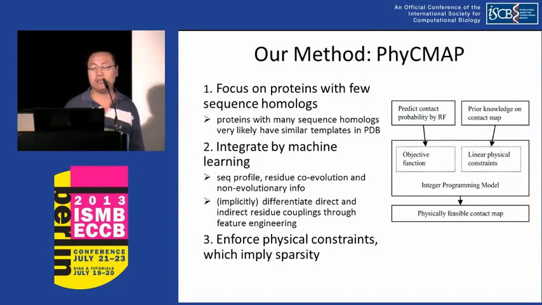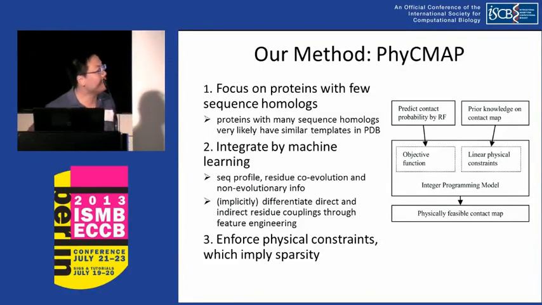Our method will integrate many different kinds of information, like sequence profile and residue coevolution, and also non-evolution information. We will implicitly differentiate direct and indirect residue couplings through better feature engineering. Finally, we will also enforce physical constraints which imply sparsity.